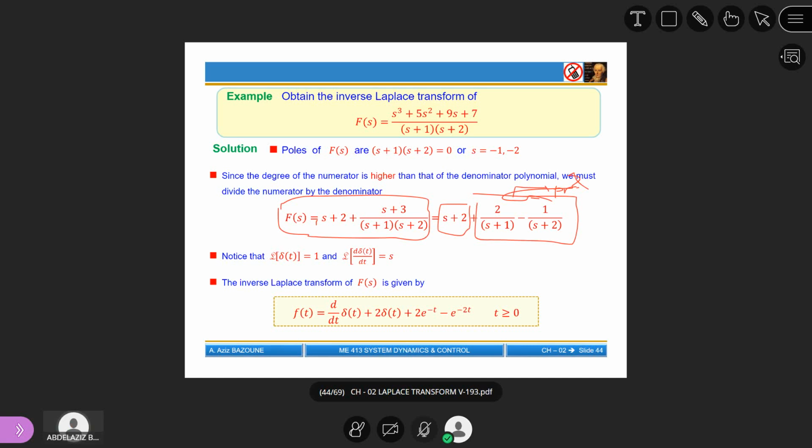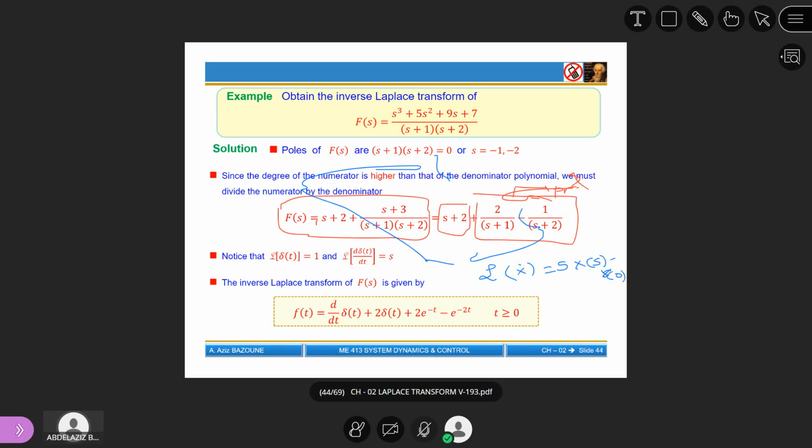Now, guys, we have this s and then plus 2. How can we get this s? If you remember, first of all we defined the Laplace transform of the first derivative. When you take the derivative, the Laplace transform of x dot is equal to s x of s minus x of 0.